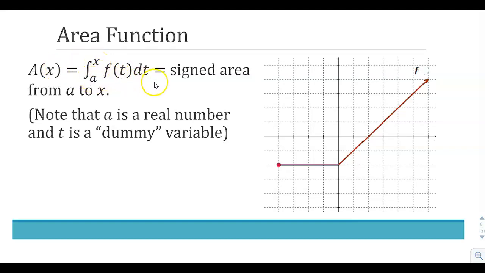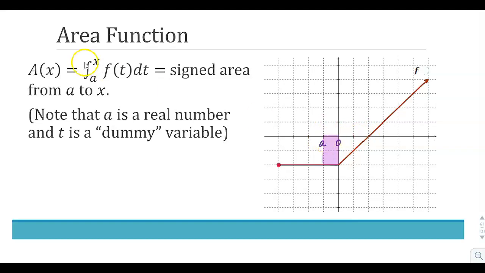So this area function starts at some number a on this horizontal axis. So I'm going to go ahead and say this is my value of a. And we're interested in plugging in different values for x. So let's say we substituted in 0. So what that means is that we're going to try to find the area between a and 0, between the curve and the x-axis. So that number is going to be the output of our function. So it's going to be the area of that rectangle.